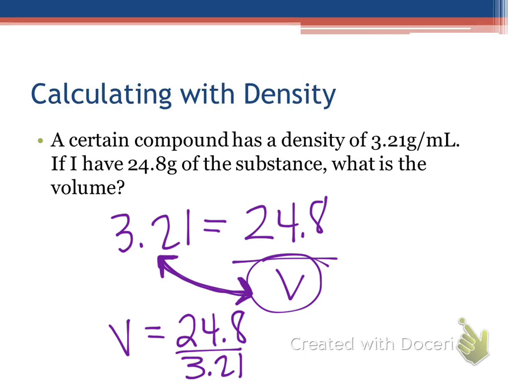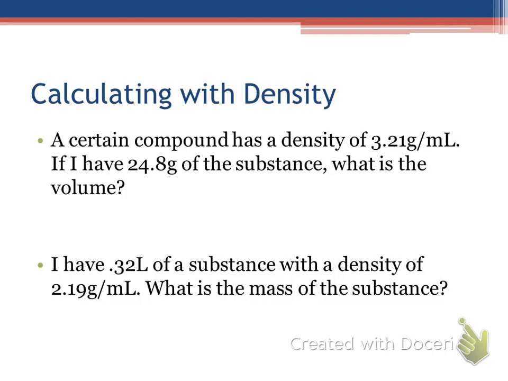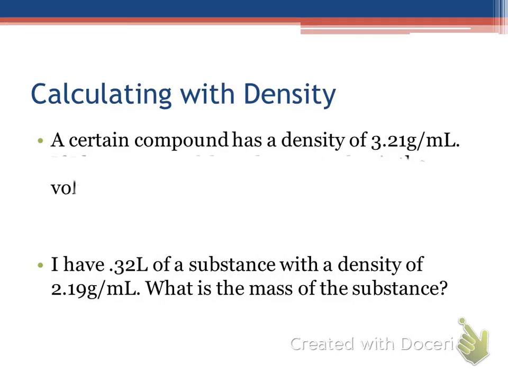All right, let's try one last one here on your own. I have 0.32 liters of a substance with a density of 2.19 grams per milliliter. What is the mass of the substance? Is there anything that jumps out at you here?